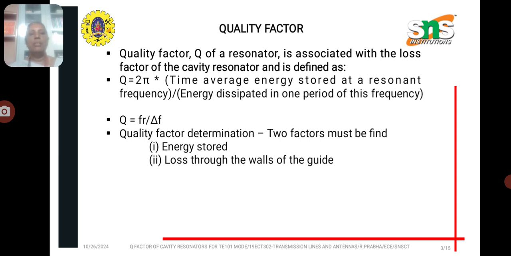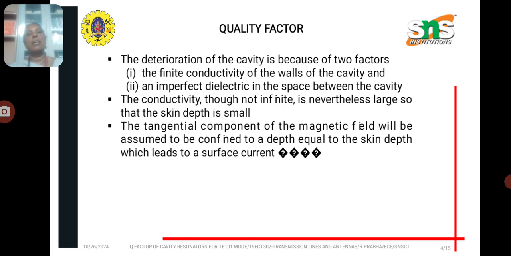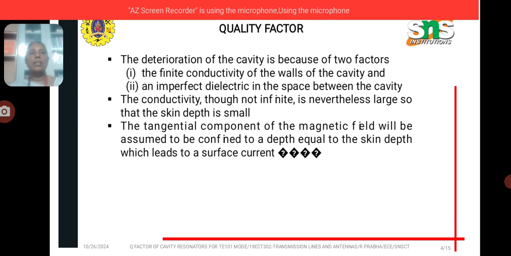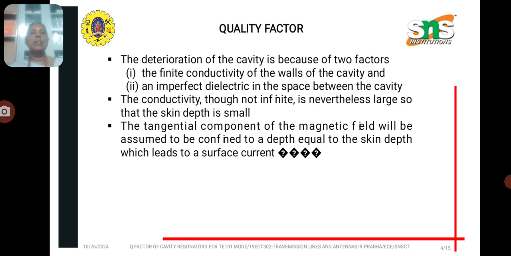For quality factor determination, there are two factors that need to be found. One is the energy stored and the other is the loss through the walls of the guide. The deterioration of the cavity is because of two factors. One is the finite conductivity of the walls of the cavity and the other is an imperfect dielectric in the space between the cavity resonators.